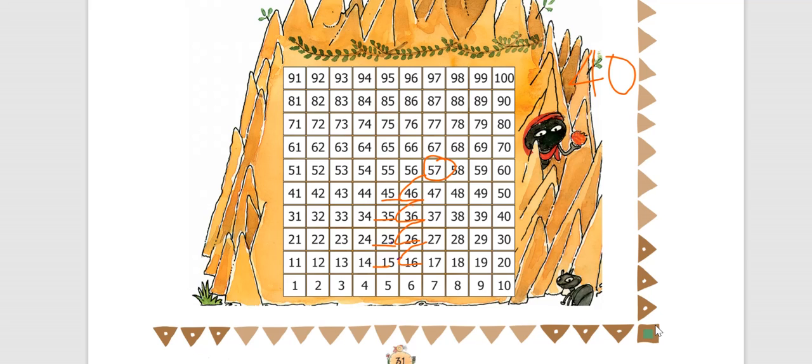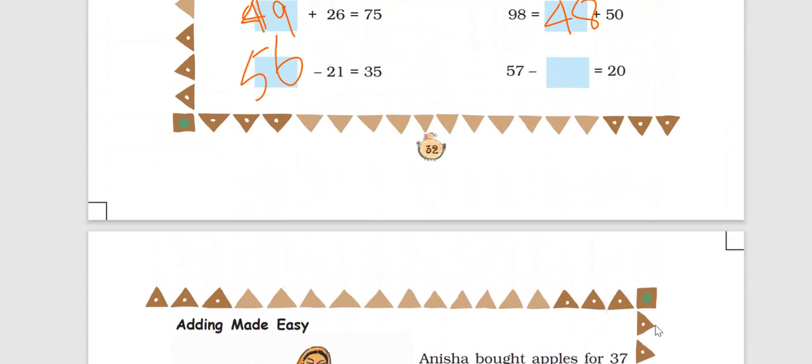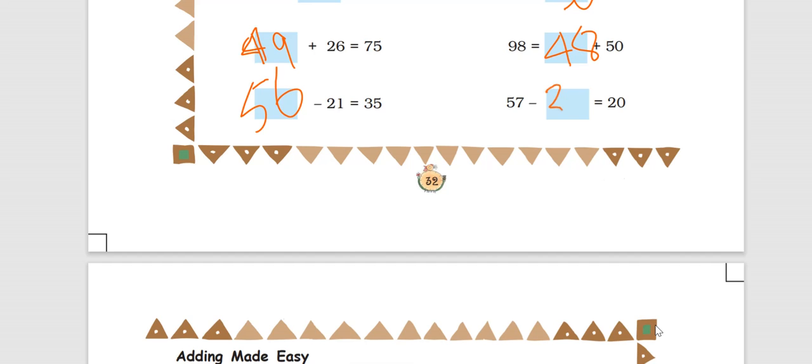But I went farther than I should. So I have to go up to 20. 1, 2, 3. This is minus. You came down 4 steps, that's minus. You are moving to the right, which is a plus. So that will be 37. So from 57 down to 20 we need 37 steps. Okay. That is 37.